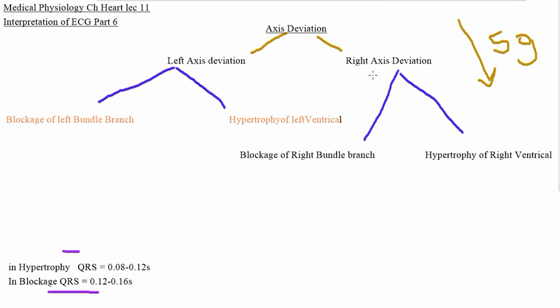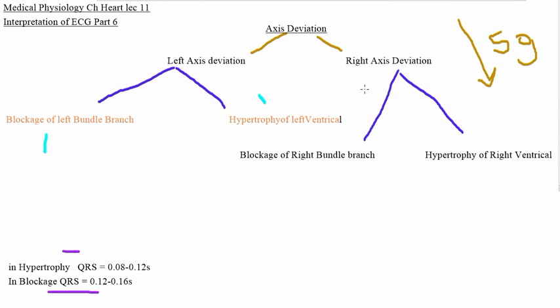Then further I explained there are two causes of right axis deviation: blockage of right bundle branch or hypertrophy of right ventricle. Now I have explained two electrocardiographies, one representing hypertrophy of left ventricle and one representing blockage of left bundle branch.